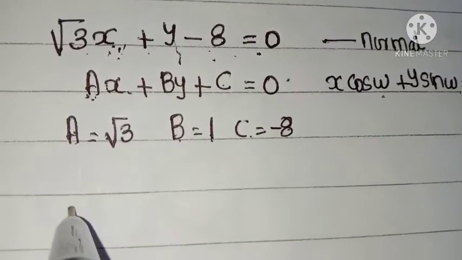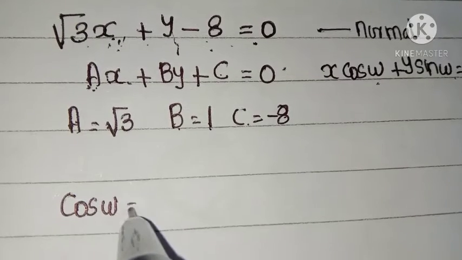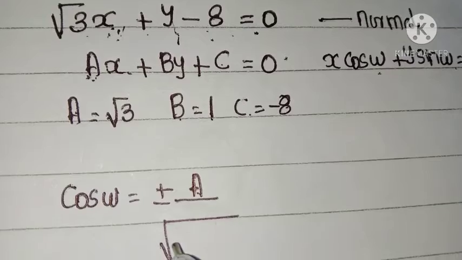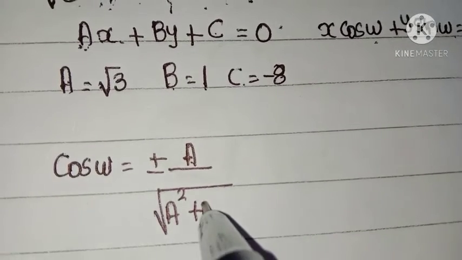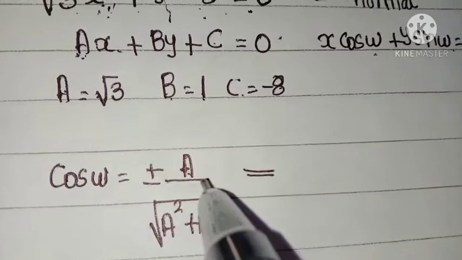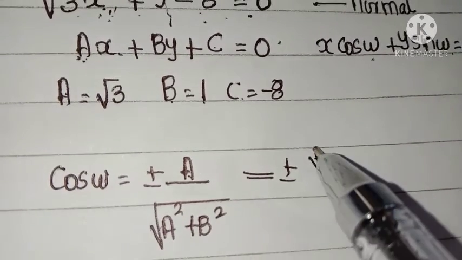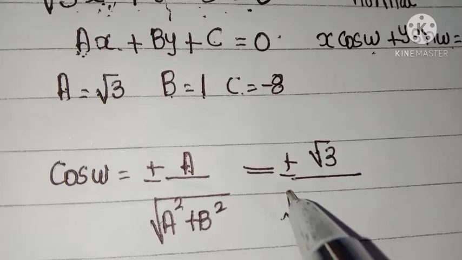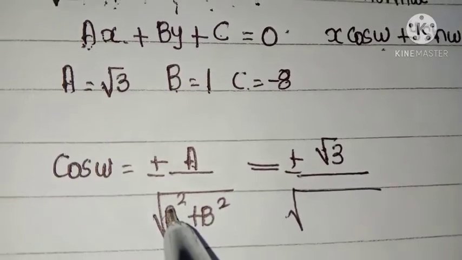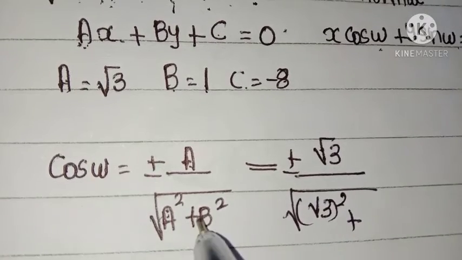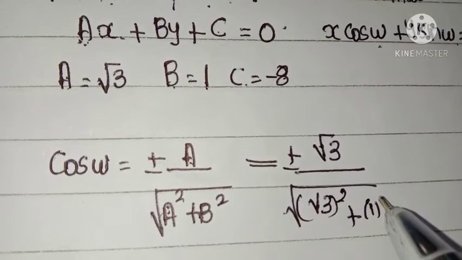Now what is cos omega? Cos omega is obtained by plus or minus A by root of A square plus B square. Put all these values. A is root 3, so root 3 by root of root 3 square plus 1 square.